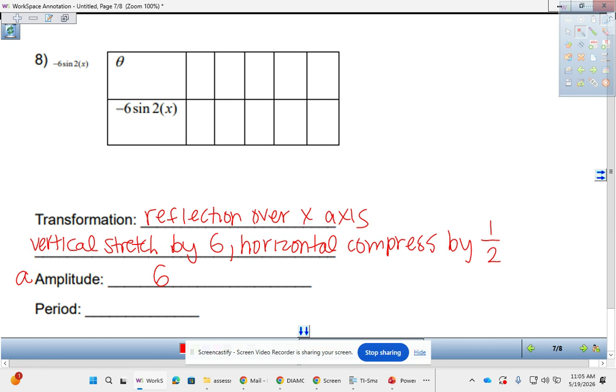So let's do the y values first, all right? This is sine, so I'm going to use the original y values of sine: 0, 1, 0, negative 1, 0. But now it's negative 6 sine, so it's taking all of those values and multiplying them by negative 6.